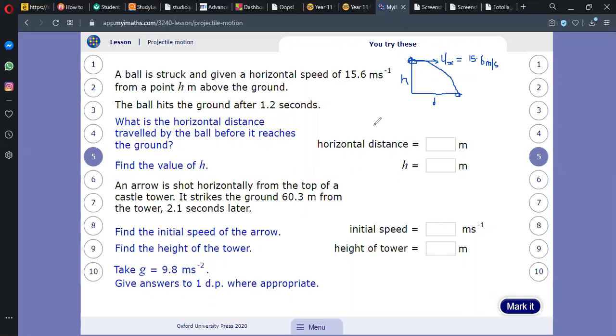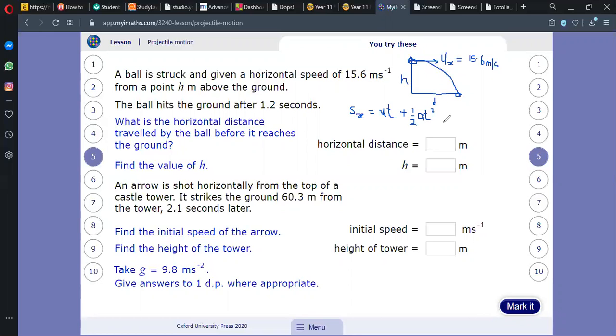So for us to find the horizontal distance, we still make use of our Sx, which is the d that you have there. Sx is equal to ut plus half at squared, just like we know. Now, this is horizontally.